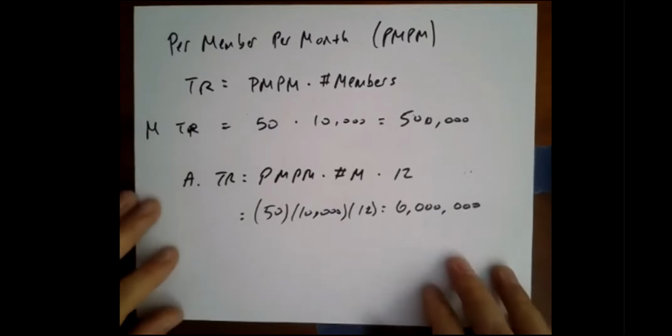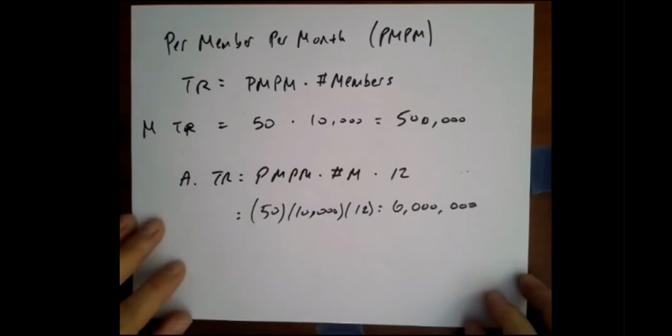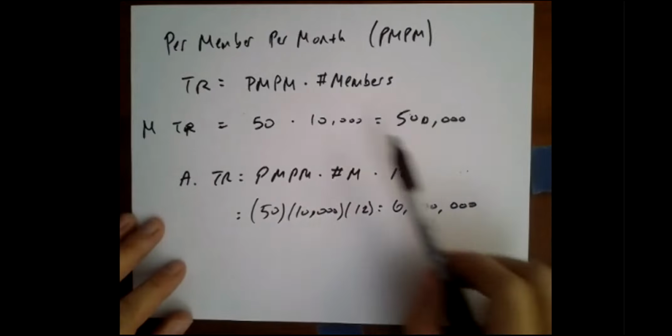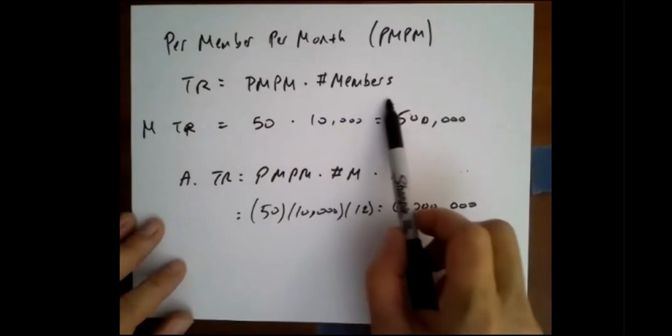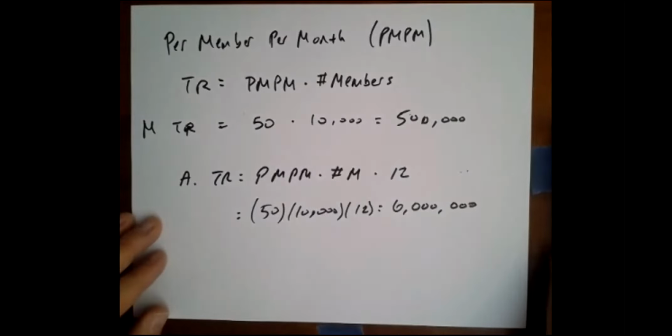Notice that there's nothing in here about how many visits these members do. So what we're signing a contract saying is, all right, health insurer, we'll provide services to your members, some fixed number of members, an unlimited number of services.